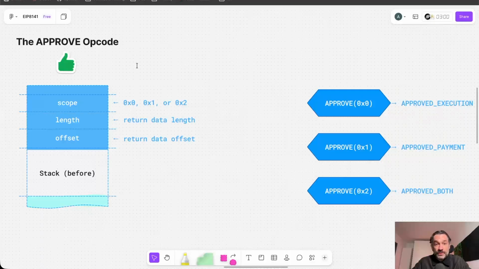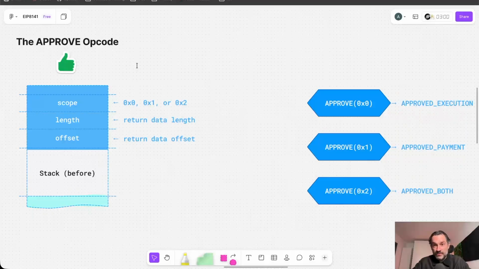Rule 3 is that approve with value 2 applies execution first, then payment. So it's required that the target equal the tx sender for the execution approval. Then rule 4: nonce is incremented when payment is approved, not at the tx start.